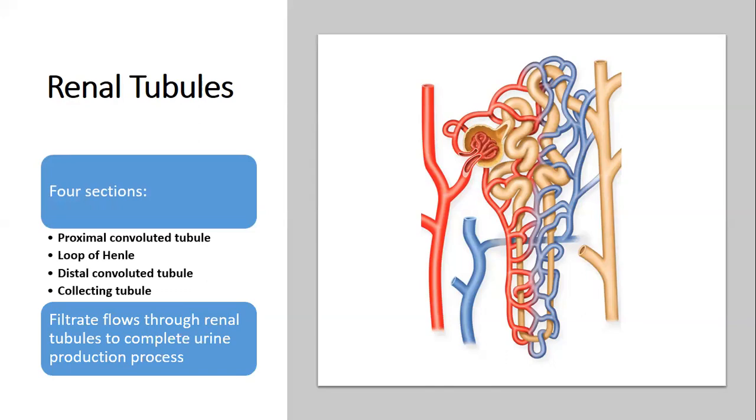After the main filtration in the Bowman capsule, it goes to the proximal convoluted tubule, then the loop of Henle, then the distal convoluted tubule, then the collecting tubules collect the urine, the end stage of urine formation.